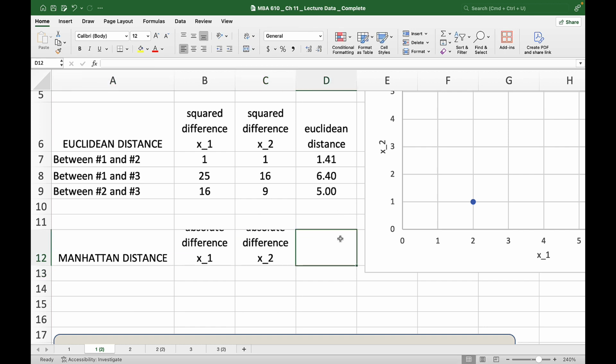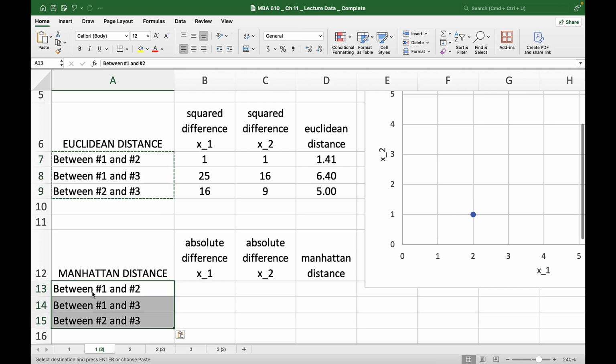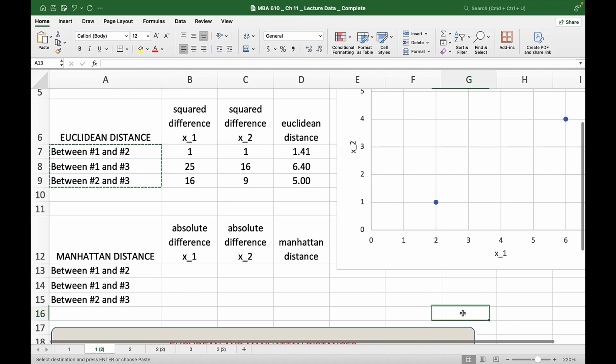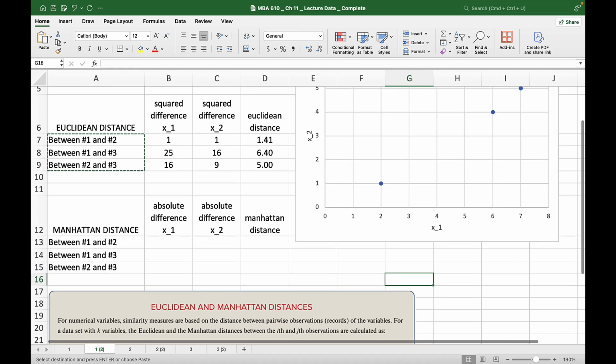And then in this box here, I will have the Manhattan distance. And I'm going to do the same thing, the three pairwise observations. How close are observations 1 and 2, how close are observations 1 and 3, and how close are observations 2 and 3.